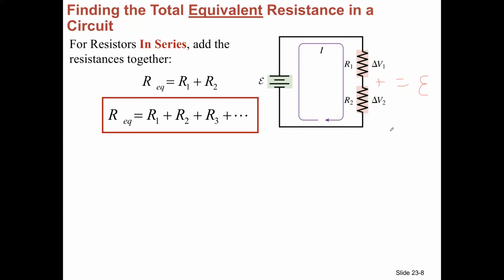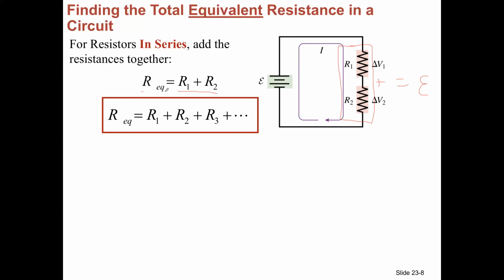So we could kind of think about these things. If you have 2 resistors in this configuration where the current goes through one and then all through the other, we call that resistors in series. And we say that they have an equivalent resistance, so they can be thought of as just one big resistor with resistance R1 plus R2.